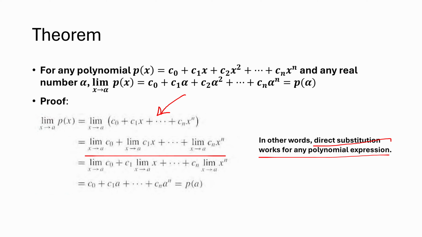And we can put the coefficients outside of the limit, so we can modify it into c1 times the limit as x goes to alpha of x, plus up until cn times the limit as x goes to alpha of x to the n power. Which leads to c0 plus c1 alpha plus up until cn alpha to the n, which equals p of alpha.